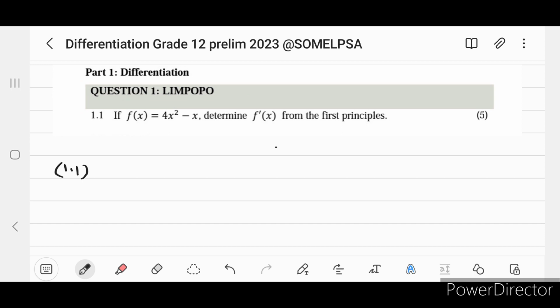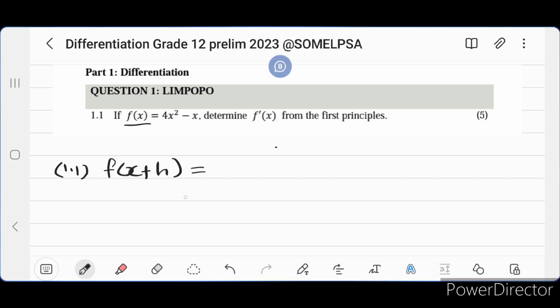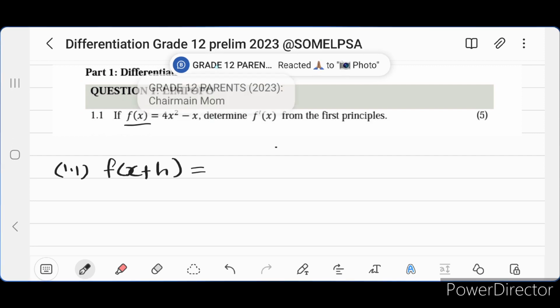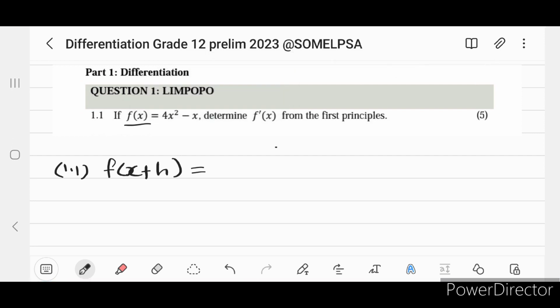They were asked to do first principles. So for first principles, you need to have f of x, which we already have, and you need to have f of x plus h. Before you go anywhere, remember, if I'm given f of 2, then where I see x, I'll put 2.